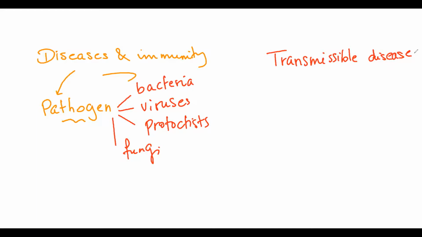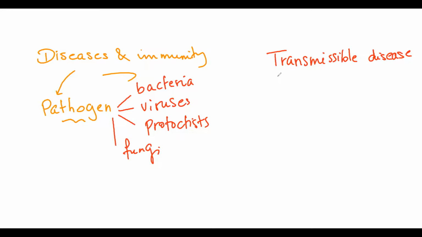But there are some diseases that are not transmissible, of course, for example, cancer. It cannot be transmitted from one person to another. Transmissible diseases are diseases in which the pathogens can pass from the patient to a healthy person. And these are our concern, of course, not the non-transmissible diseases.